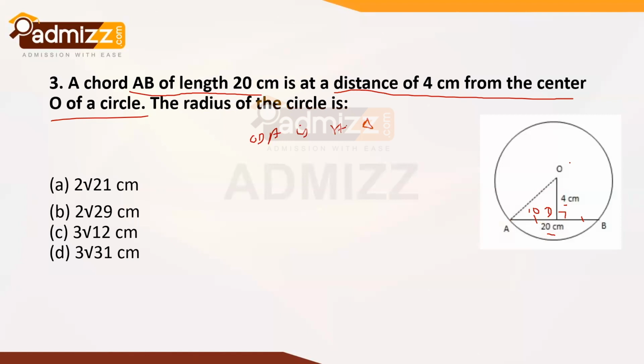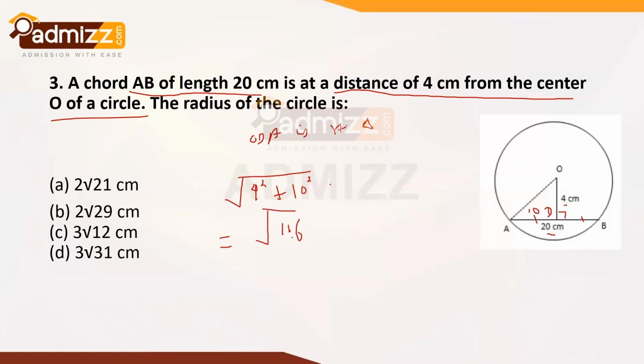So the value of OA is going to be root under 4 squared plus 10 squared, which we can write as root under 116.